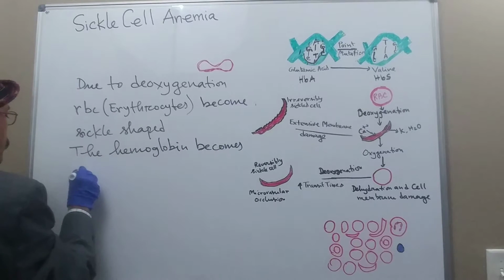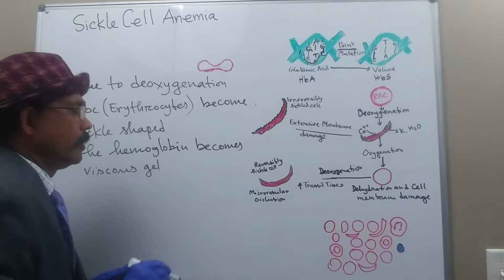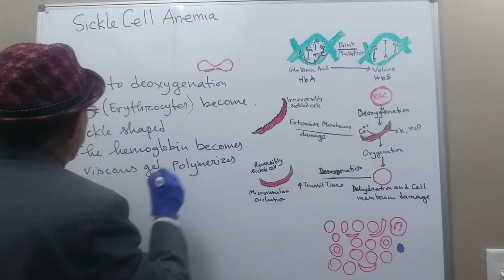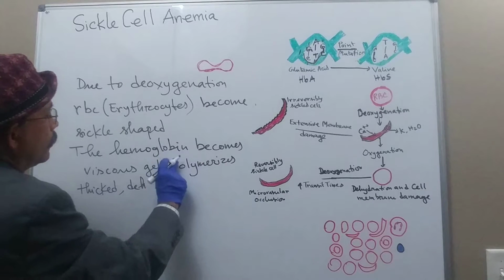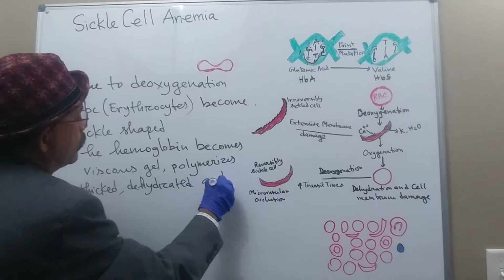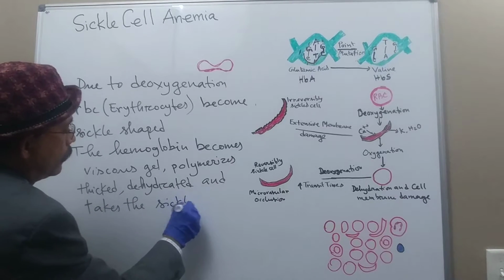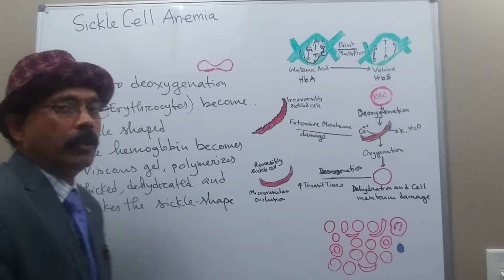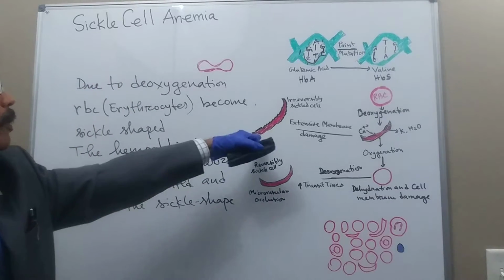It polymerizes, it is thickened, it is dehydrated, and takes the sickle shape, or we can say holly leaf shape, or crescent shape.